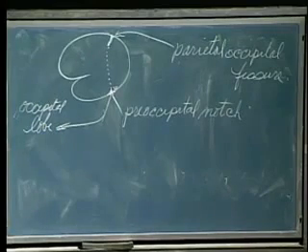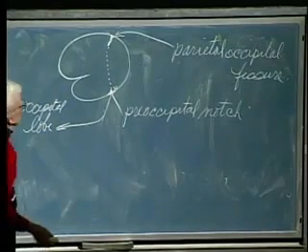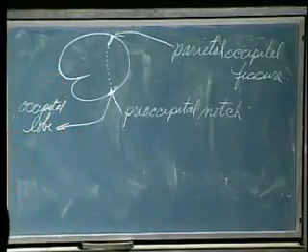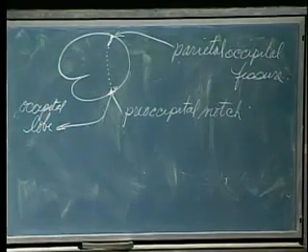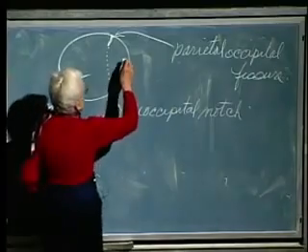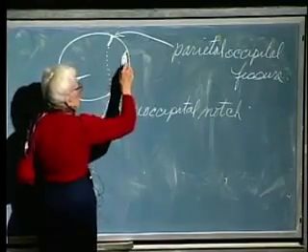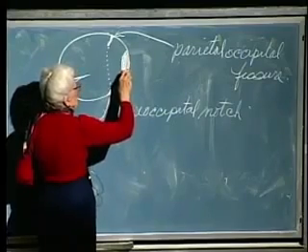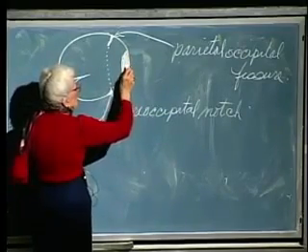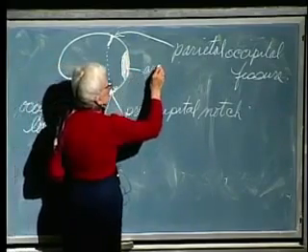But within it, we will have our numerical designations. We can have the occipital pole. This will be area 17.